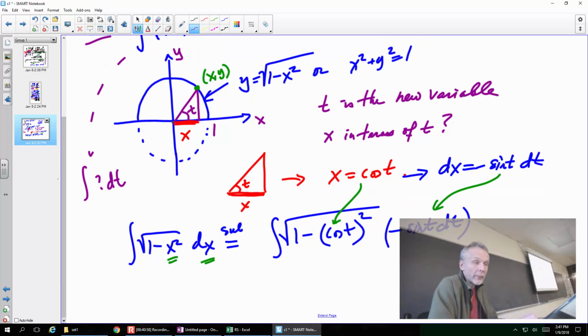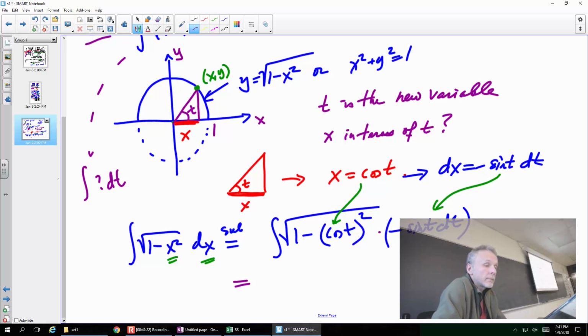So the integral is totally converted into a new integral with respect to t only. We do have to try to simplify, because right now it still looks kind of complicated, worse than the original. Starting with the numerator, starting with the first term, the square root. You see what this is?